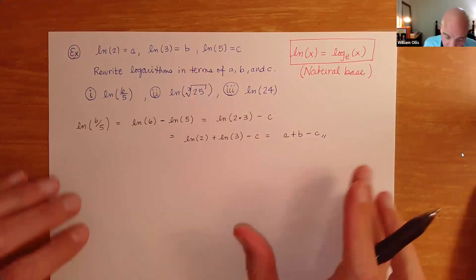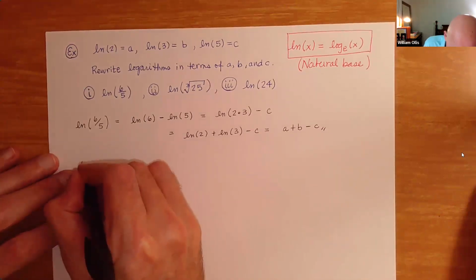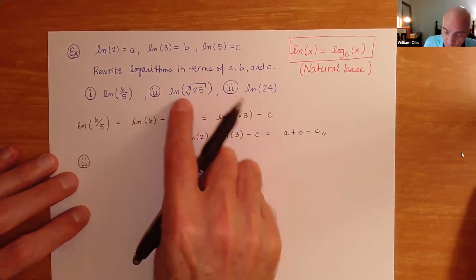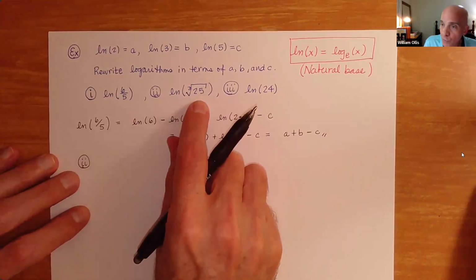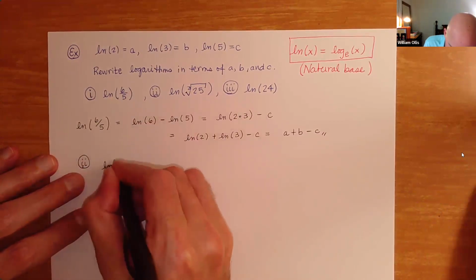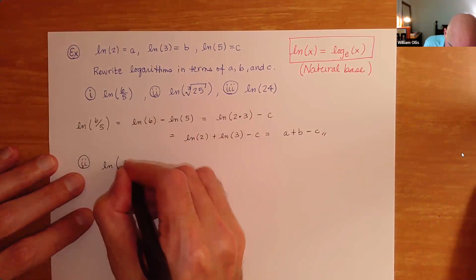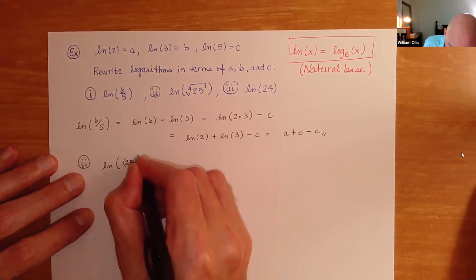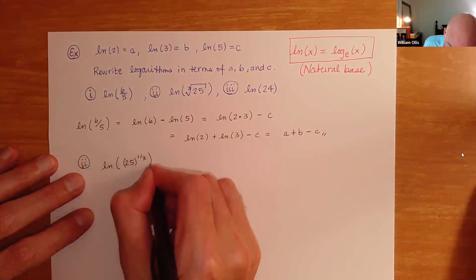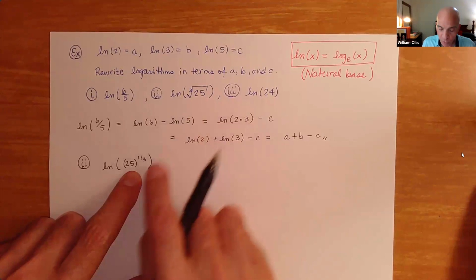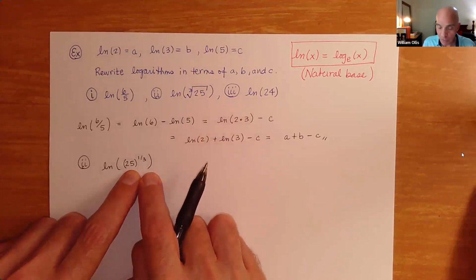Okay, so let's look at 2. Here we've got the natural log of the cube root of 25. So what we can do in this case that might make it a little bit easier is we're going to go ahead and write the cube root as the 1/3 power, just like that. So now we have written the cube root as a power of 25, the 1/3 power.